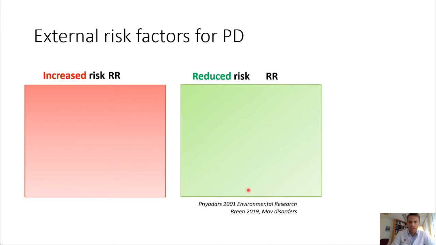In red, we see some things that slightly increase your risk of getting PD. There is no absolute induction of PD. It's only slightly increasing your risk compared to a control population. The only absolute induction of Parkinson's disease is seen in MPTP experiments.